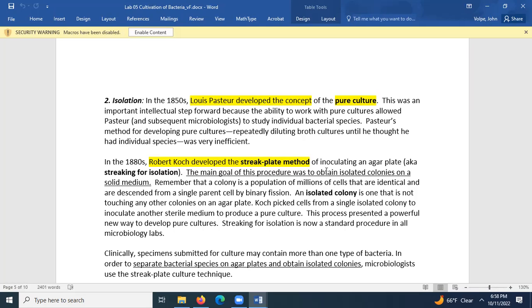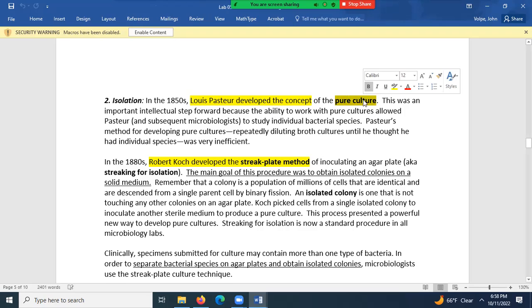And if the bacteria grew in only one replica of that dilution, and 9 of the tubes were empty, Louis Pasteur said that very few cells started that 1 out of 10, because 9 out of the 10 didn't grow. So we probably have a pure culture. Most of the time he was correct. Not all the time, but most of the time he was correct that he did obtain a pure culture.